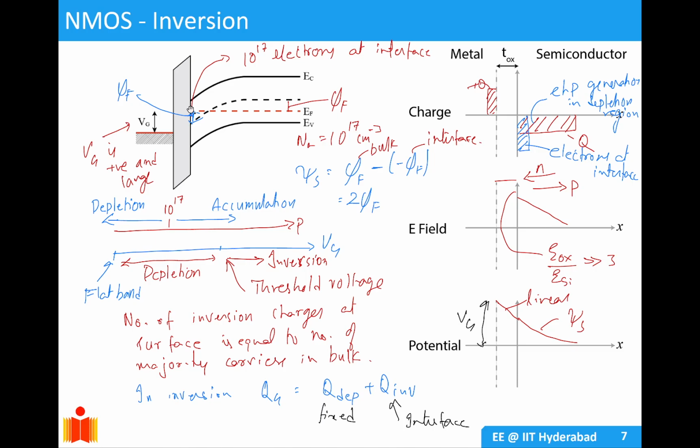So at this point, if you calculate, your ψs will be φF minus, here it will be minus φF, because now it's in the opposite direction. So it will be 2φF. So in the inversion region, at maximum band bending, your ψs is equal to 2φF.